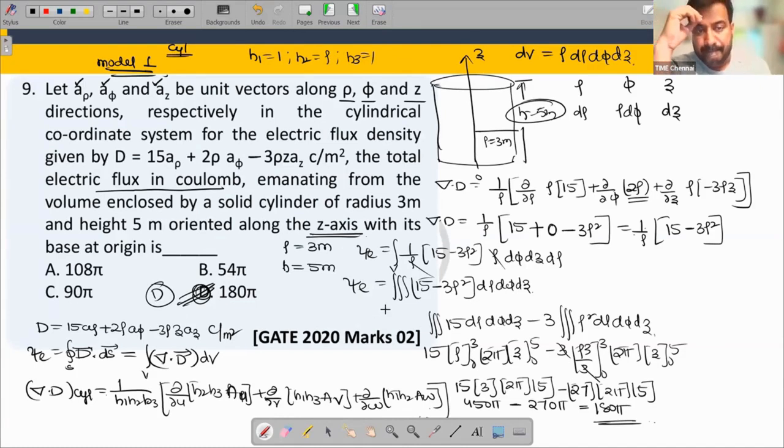Is this clear? Yeah, that's how we solve this. Okay. One more similar one.